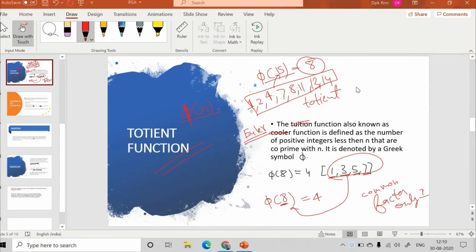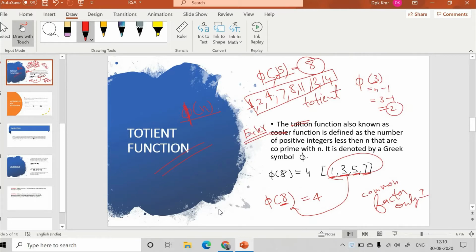In totient function, we also have a formula for finding out the totient for numbers which are prime. For example, 3 is a prime number. If we have to find the totient for 3, we can use the formula n minus 1. That is, we will just subtract 1 from this. So 3 minus 1 will be 2. So the totient for 3 is 2. And we can also observe this, right?